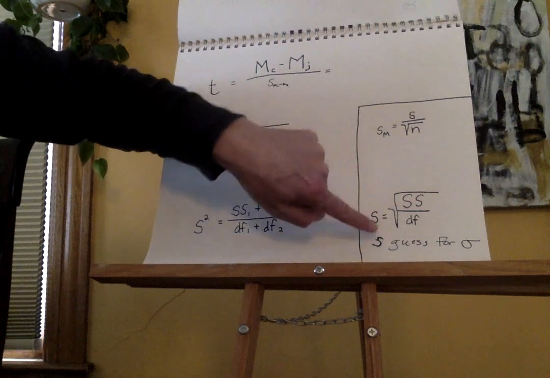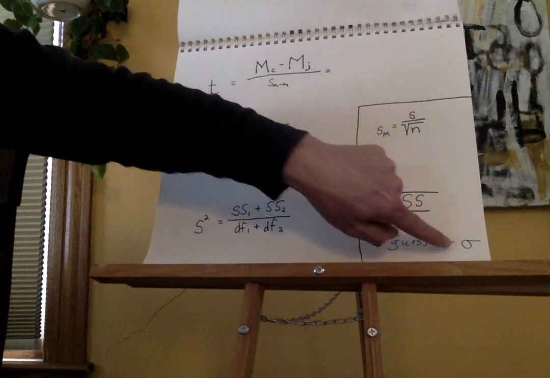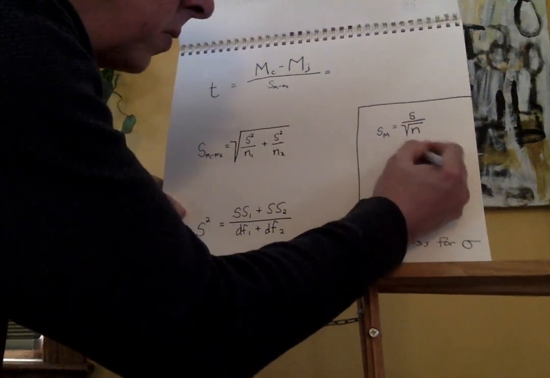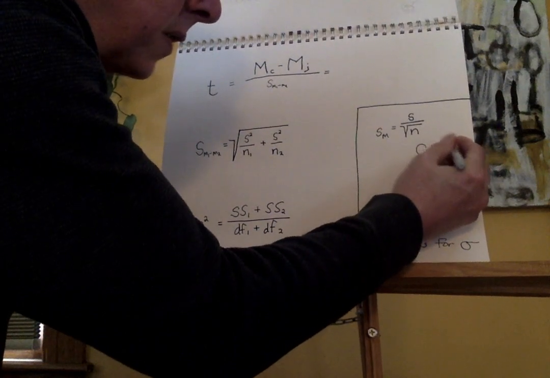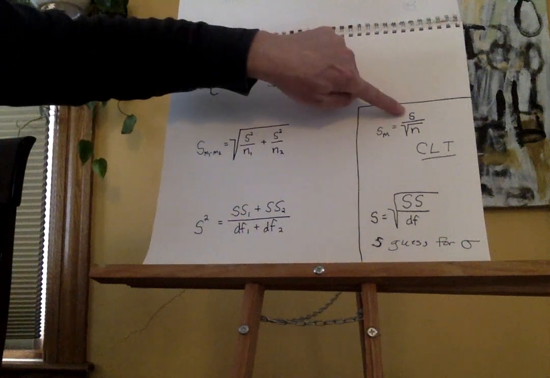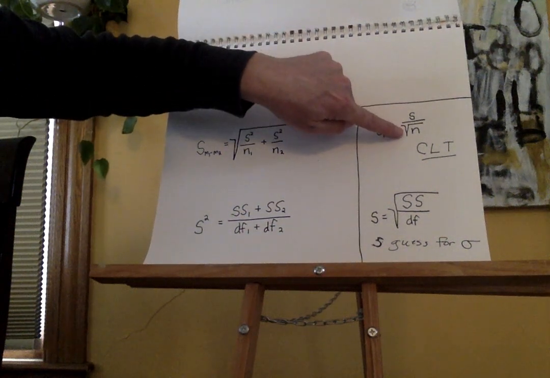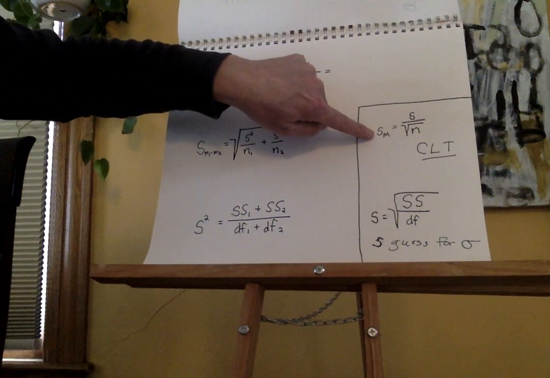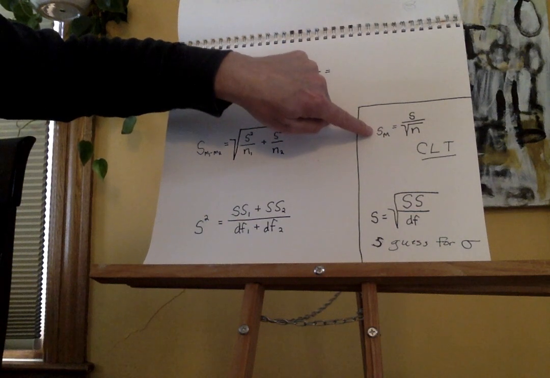So that was our guess for sigma. And then this was our old step, the central limit theorem step, where we took our guess for sigma, divided it by the square root of n, and that gave us our S sub m, okay?